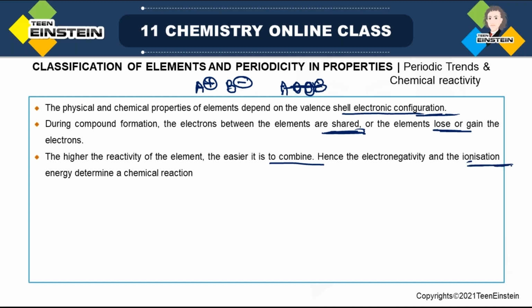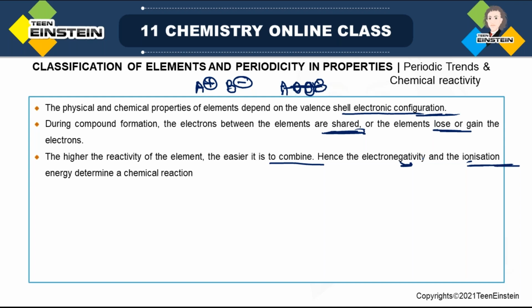Now, how do they determine it? Suppose I am saying ionization energy is very, very high. That means you cannot remove the outermost electron very easily. So it cannot generate a cation very easily. Similarly, if it has very low electronegativity, it will not attract electrons. So these two properties you can say are opposite.